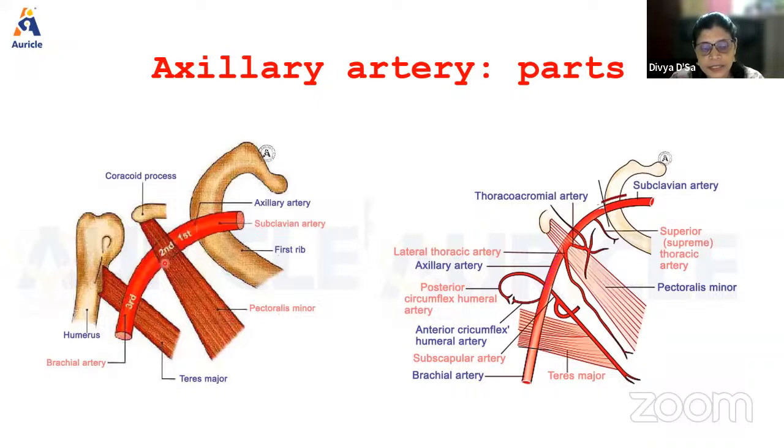The first part extends from the outer border of the first rib to the upper border of pectoralis minor. The second part lies behind the pectoralis minor. The third part is from the lower border of the pectoralis minor to the lower border of teres major. So these are the three parts of the axillary artery.